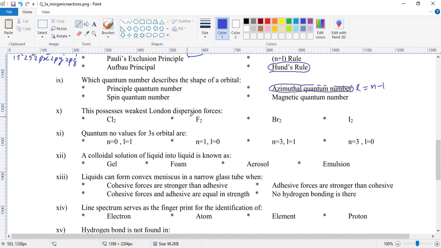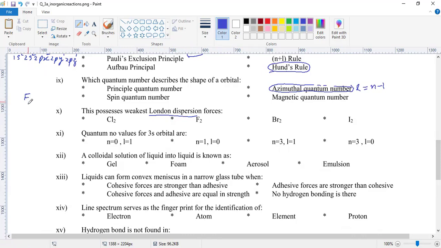Which possesses the weakest London dispersion forces? Remember that London dispersion forces depend on the size of the atom and the number of electrons. So find which has the maximum number of electrons and the maximum size among the halogens. We know atomic size increases down the group.